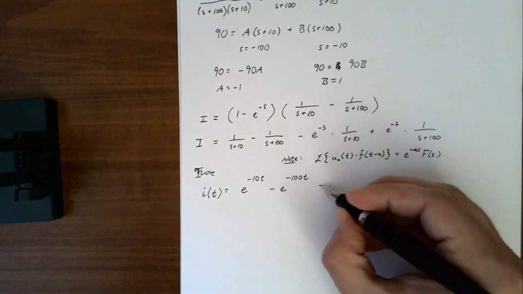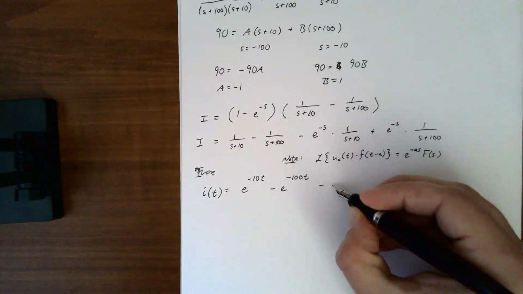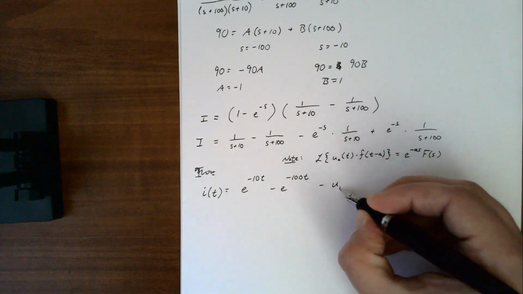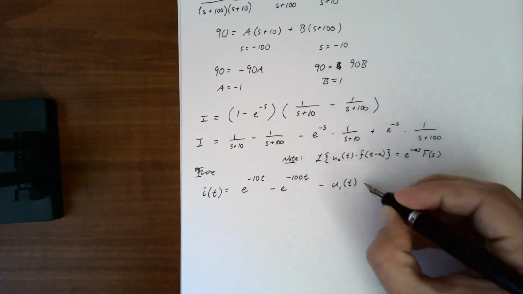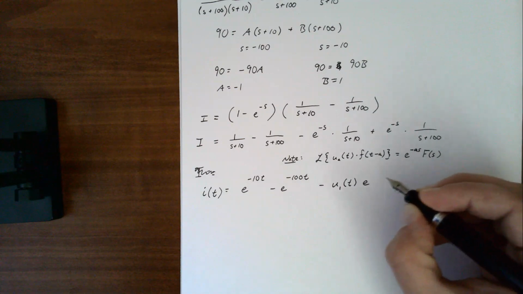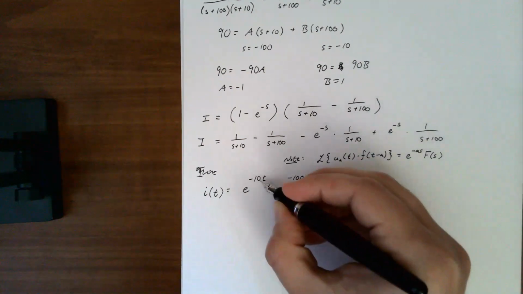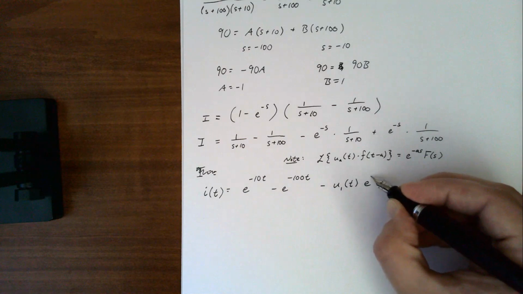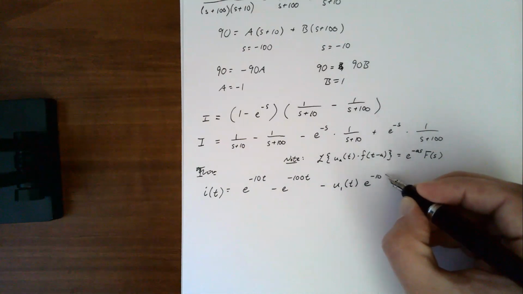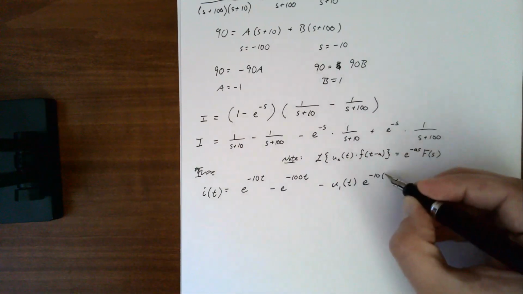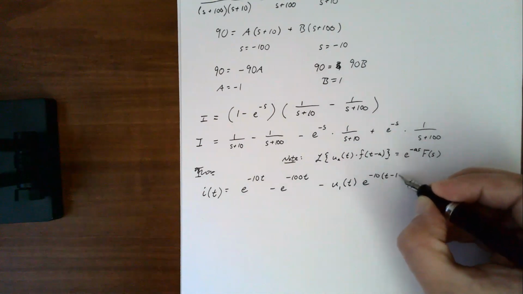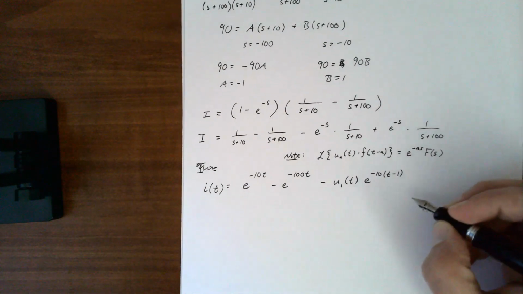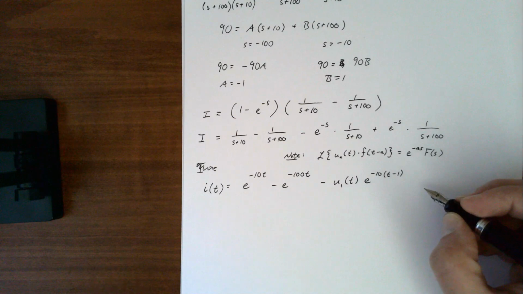And so what does that mean? That means that this will be u sub 1 of t times e to the negative 10 t, but where we used to have a t, we should now have a t minus a, so t minus 1.